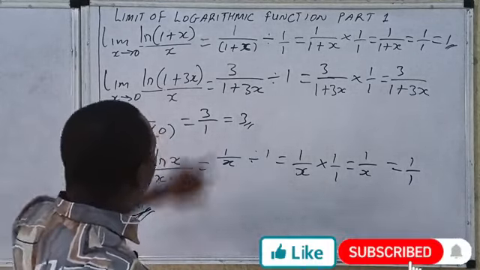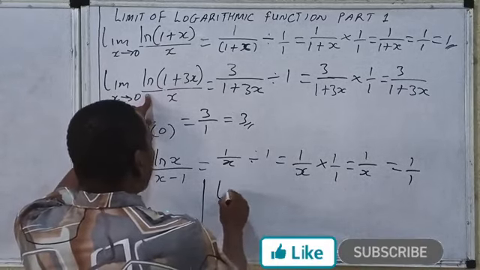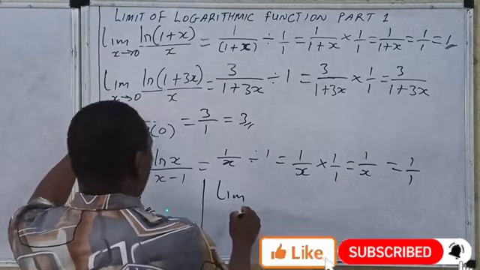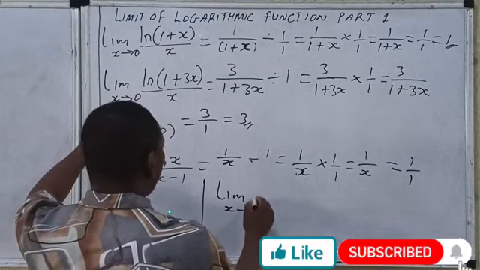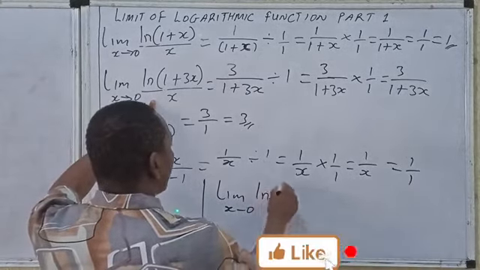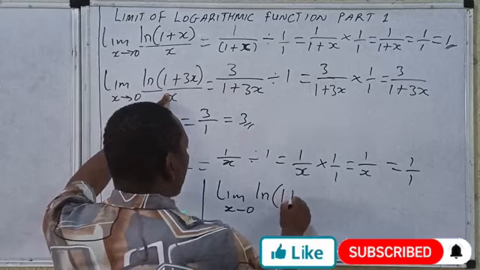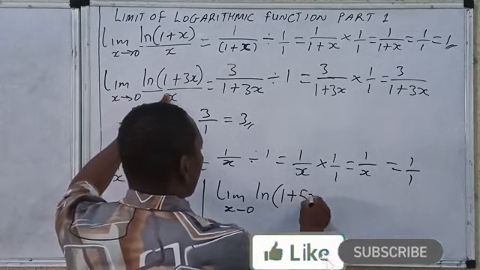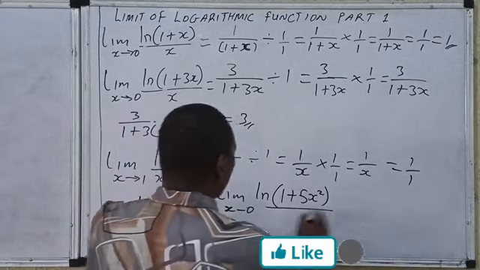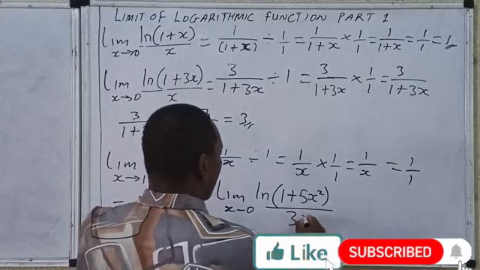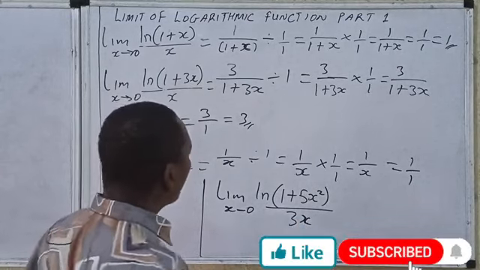Now, I'm going to tweak this question. Let's say that you are asked to evaluate the limit as x approaches 0 of natural logarithm of 1 plus 5x squared, all over 3x.